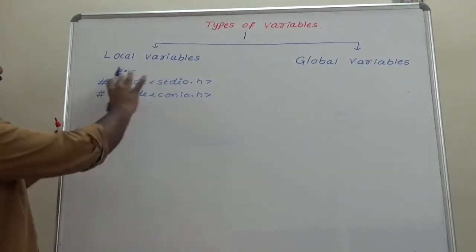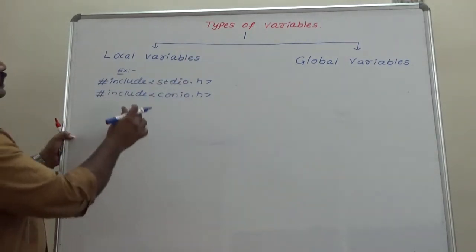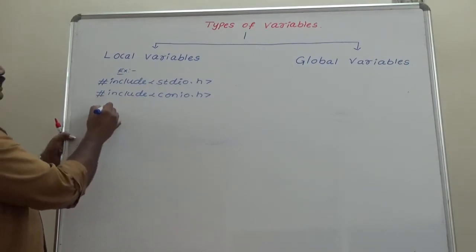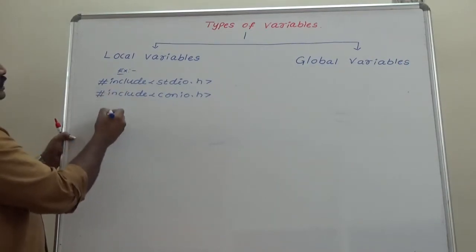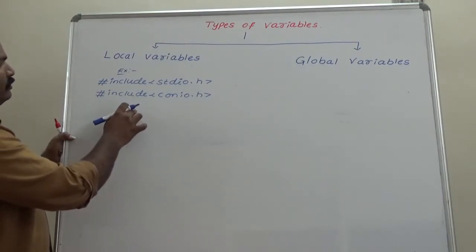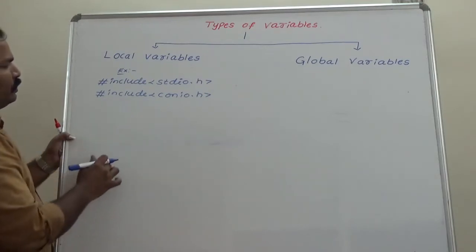So the link section is completed. Next, after the link section comes the global declaration section. In my program I don't want to declare any global variables.